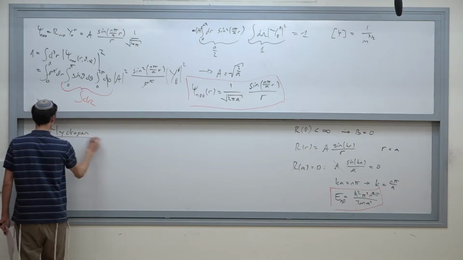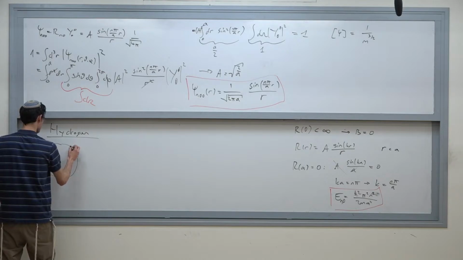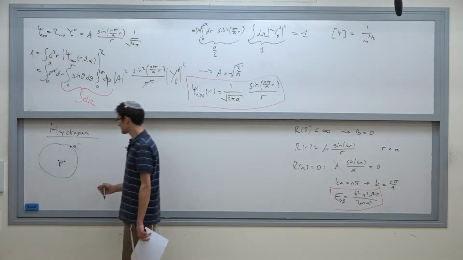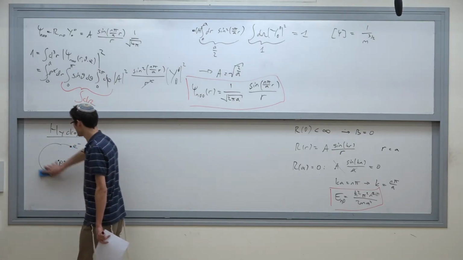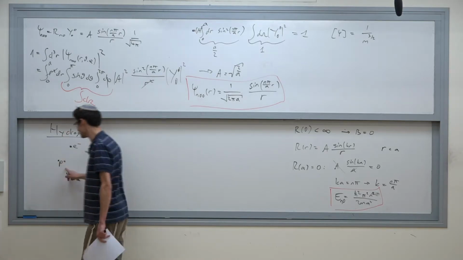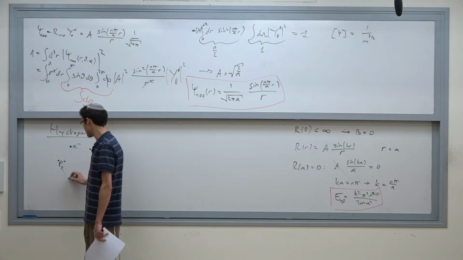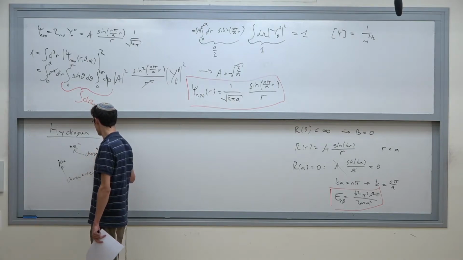So what is hydrogen? Probably shouldn't draw this circle anymore. That was Bohr, right? What is hydrogen? It is a nucleus, which is a proton. The charge here is plus e. The charge of the electron is minus e.